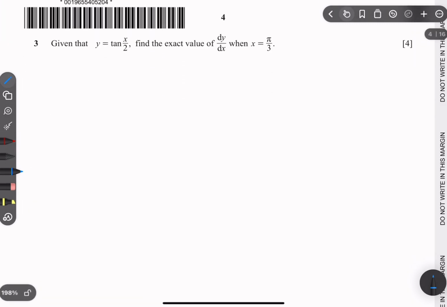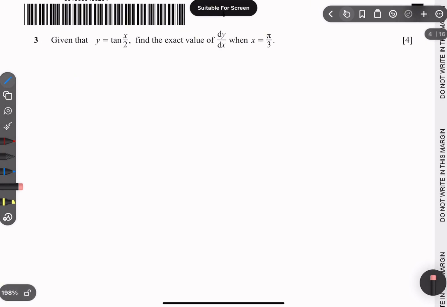Question 3. Given that y equals tan x over 2, find the exact value of dy/dx when x equals pi over 3. Okay, so we can rewrite the equation first. And then we differentiate.